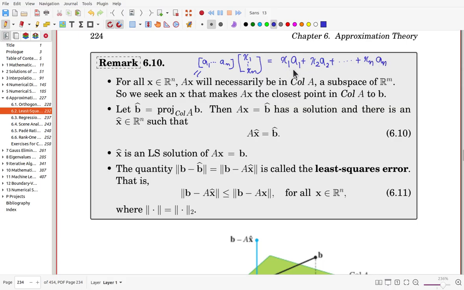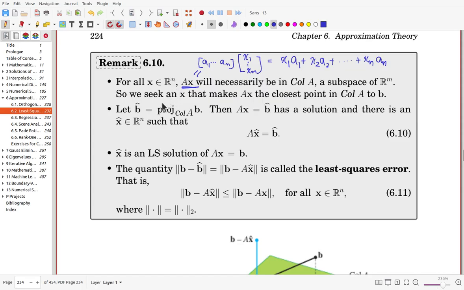So it is a linear combination of the columns of A. So Ax, for any x, must be in the column space of A, right?